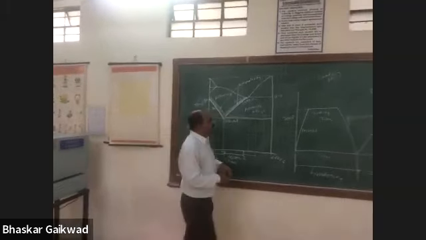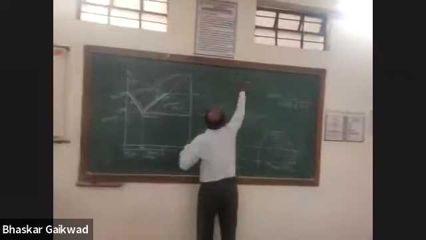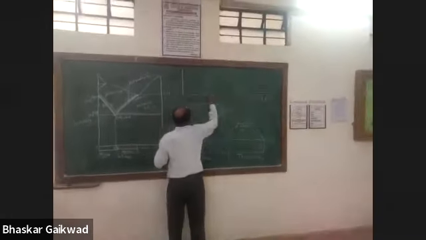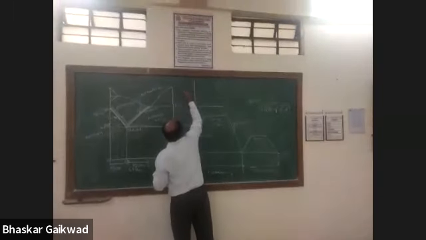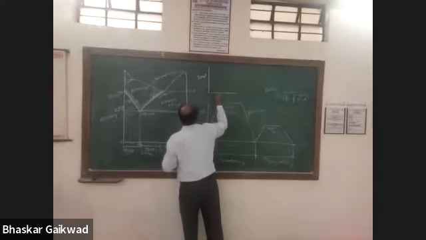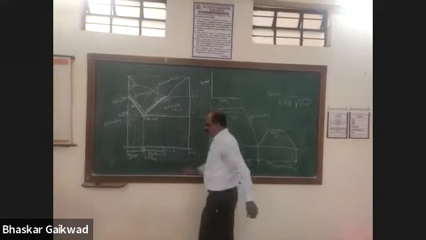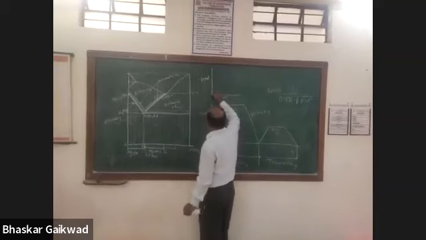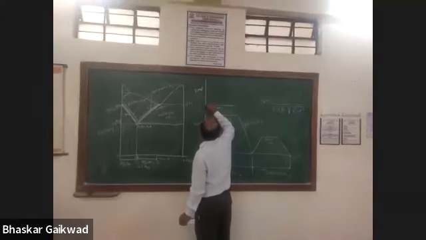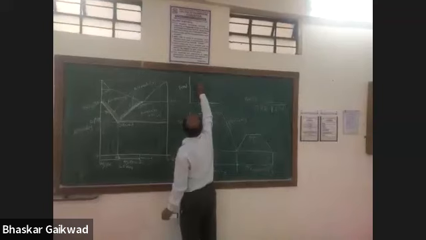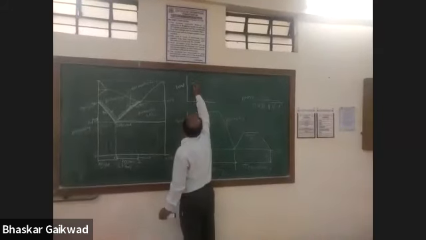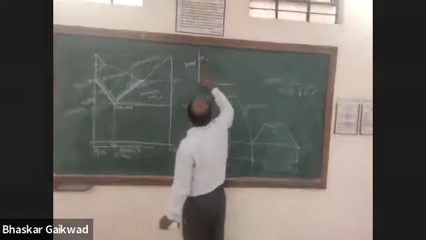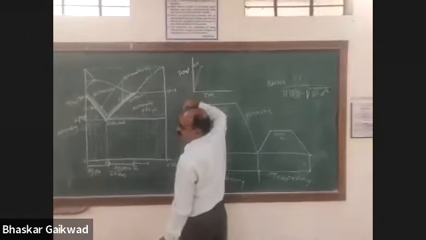I will also show it by the diagram. See that, this is the temperature, and this is the time. For hypoeutectoid steel, I will heat the component above A3, up to around 850 degrees. So this is my heating line.